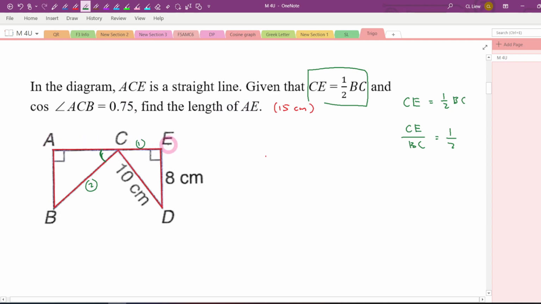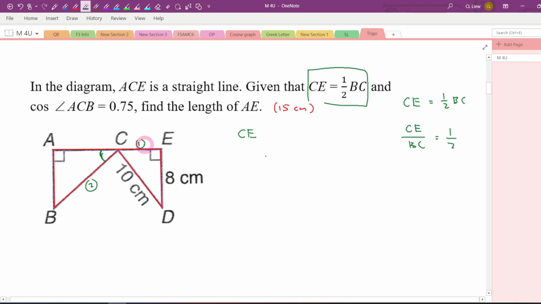Now we want to find the length of AE. To find the length of AE, we can find the length of CE plus the length of AC, right? How do we find the length of CE? I think it should be no problem, right? We can use Pythagoras theorem. 2 short, 1 long. Now, if you want to find the length of CE, ask yourself, long or short?